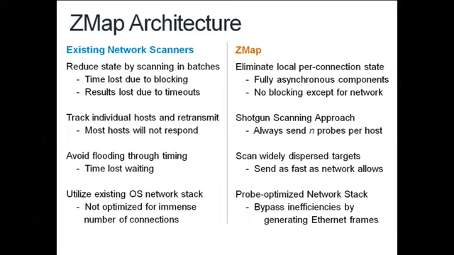But still, there are inefficiencies. There are things we don't need in the kernel, like the TCP stack. So one thing we do is we write out Ethernet frames directly. We're skipping everything that the kernel is trying to do to help us. This lets us just change the parts of the packet that need to be changed for each additional probe we're sending. It helps us get much, much better efficiency.